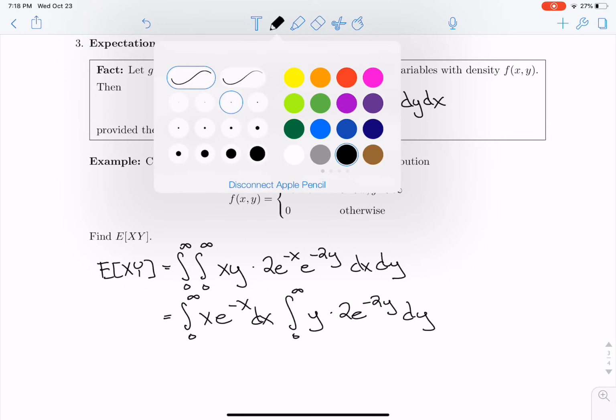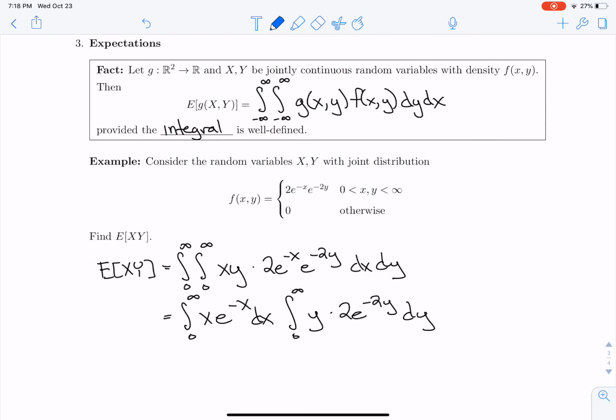Now I'm going to notice something interesting here. This looks like the mean of an exponential distribution with parameter 1. And this integral here looks like the mean of an exponential distribution with parameter 2.